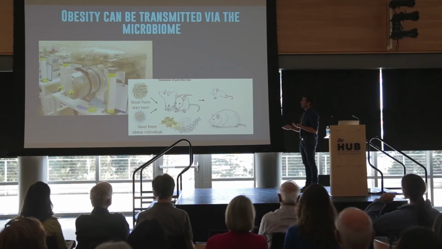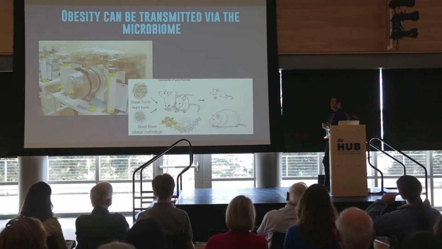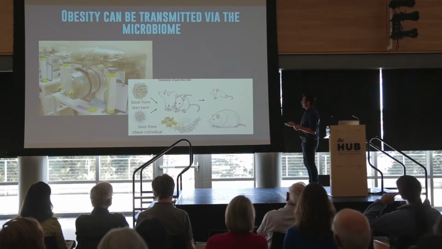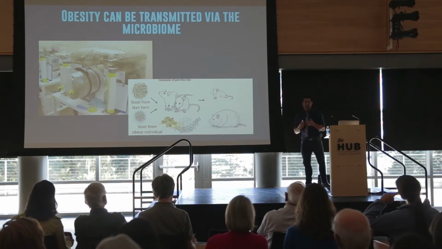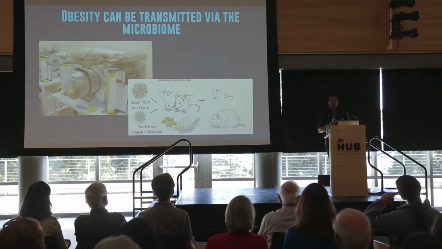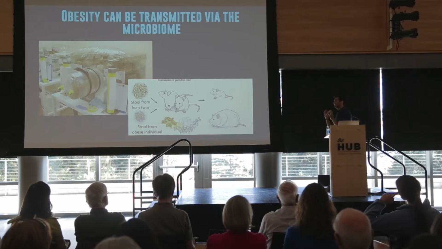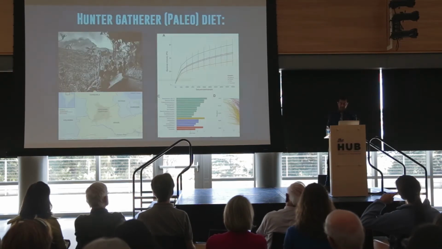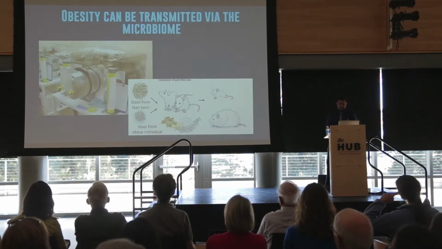This is a study done by Jeff Gordon's group out of WashU, not my group, which I should have cited in here, but I forgot. They found that giving stool from an obese individual caused these mice to gain weight even though they were eating the same food. So just having a certain type of gut bacteria was able to promote fat absorption and fat retention.